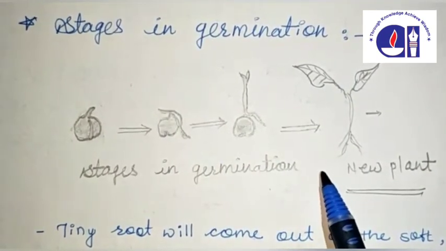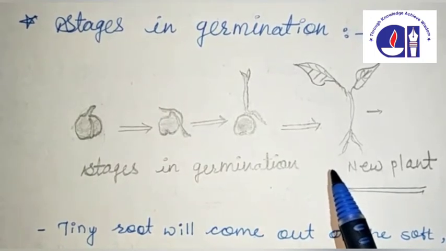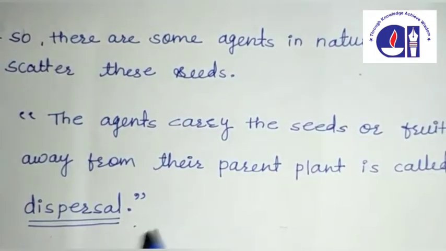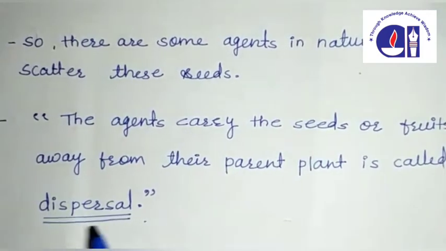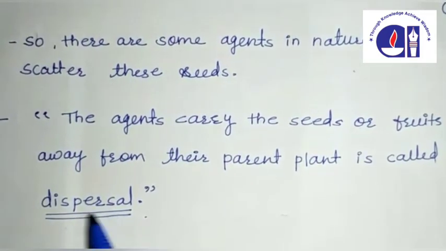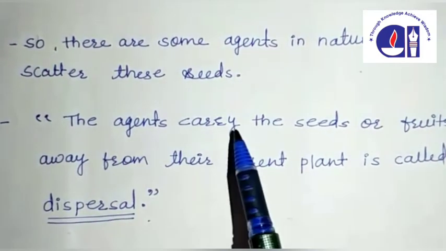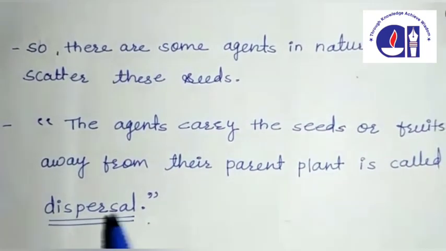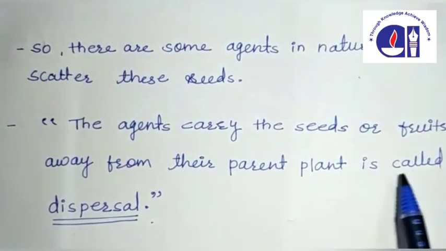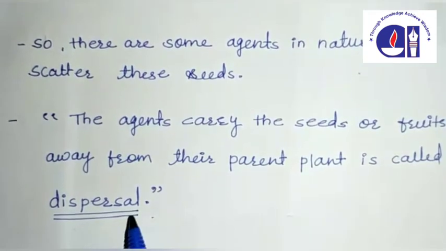So you understand, students? Okay. Now the next point, that is dispersal. What do you mean by dispersal now, students? The agents that carry the seed or the fruit away from its parent plant is called dispersal.